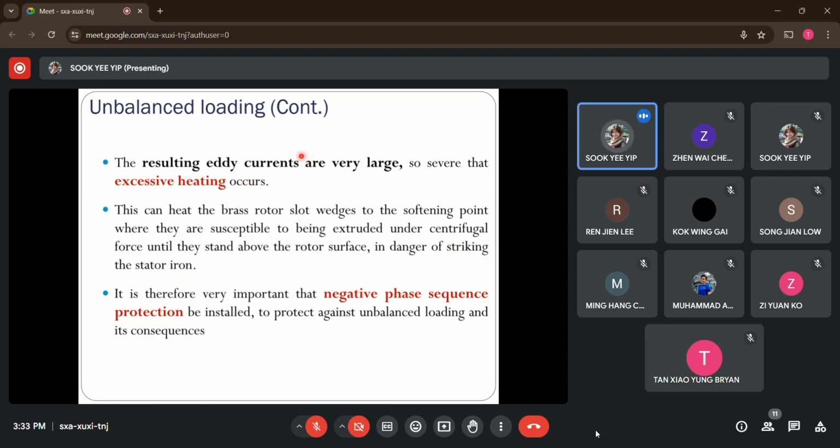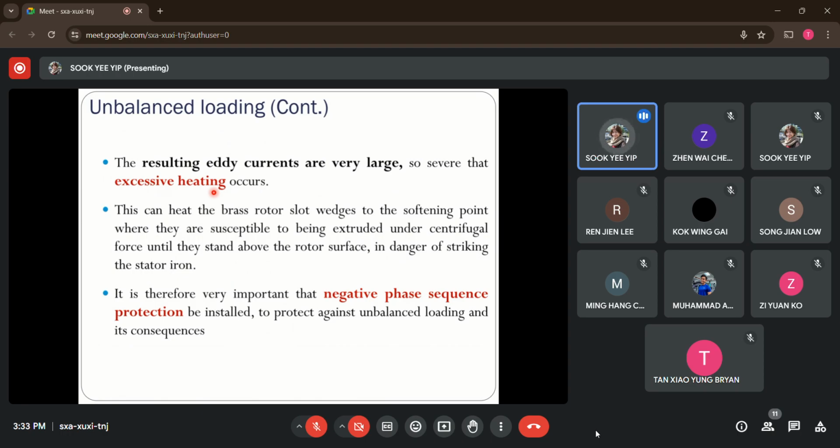This eddy current is proportional to the frequency. If you have much higher eddy currents, we have overheating in the generator, so the lifespan of the generator will be reduced. This heat can be measured as I squared R, the copper loss.